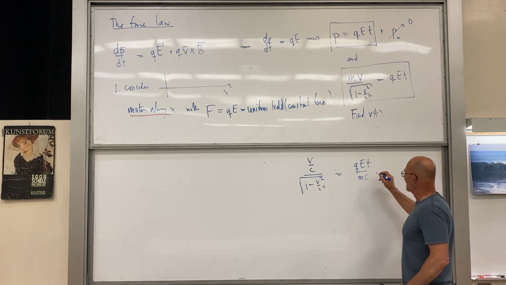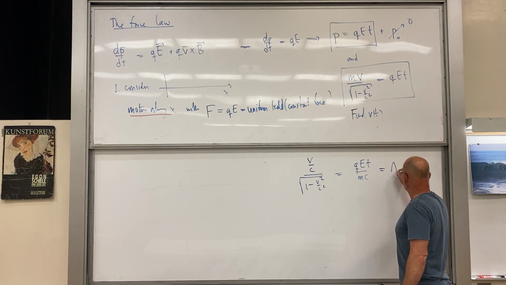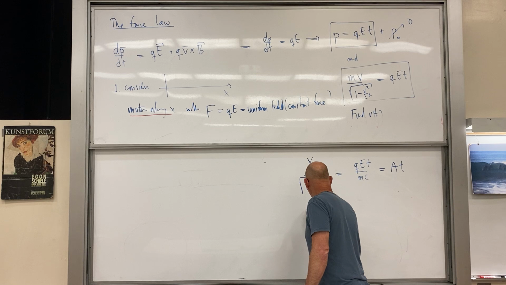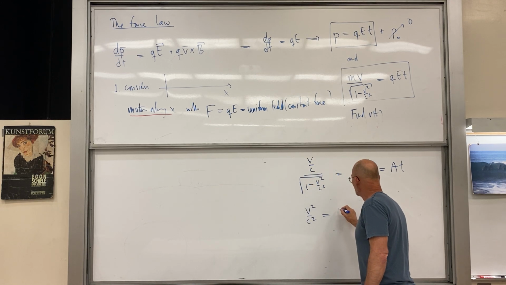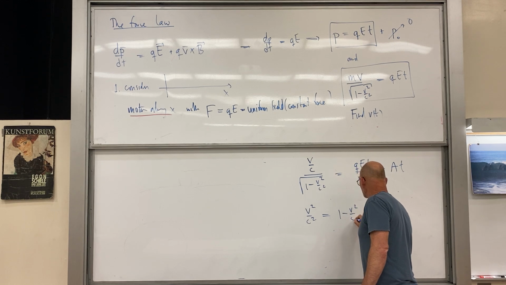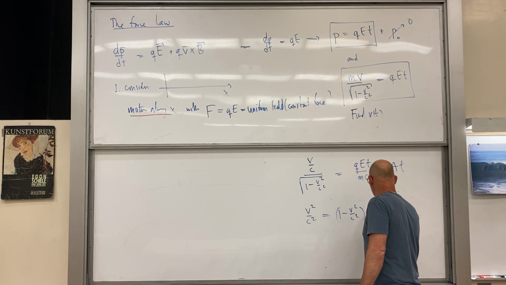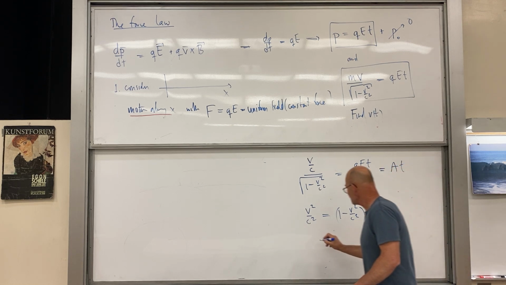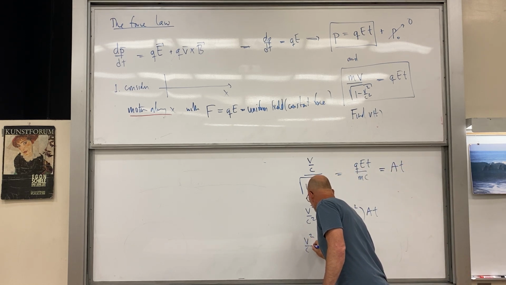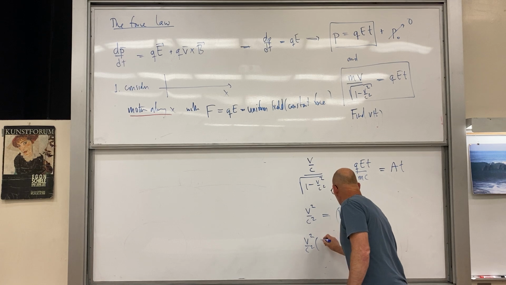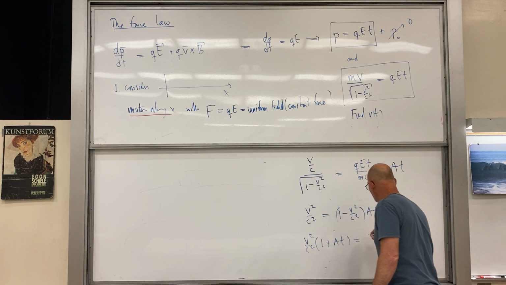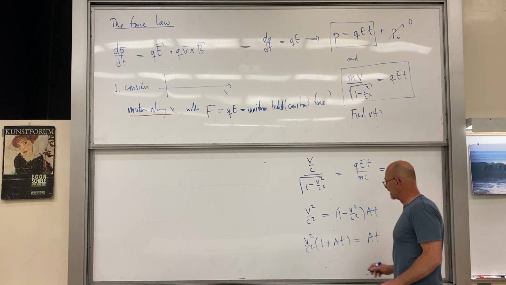And in fact, I'm going to call this a times t. And then we'll have v squared over c squared is equal to 1 minus v squared over c squared times this a times t. v squared over c squared times (1 plus a t squared) is equal to (a t) squared.